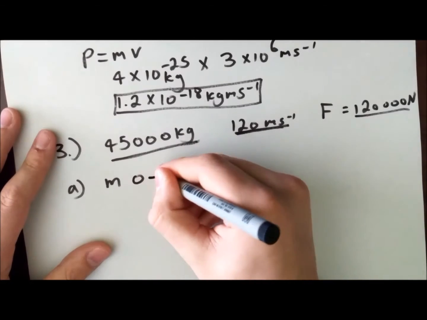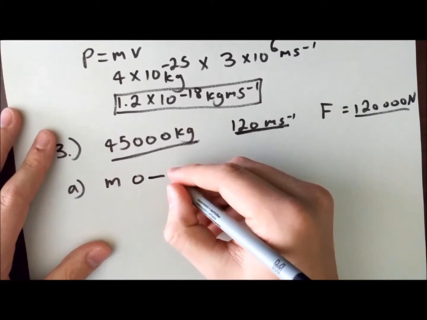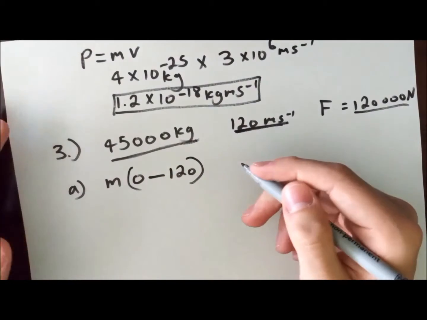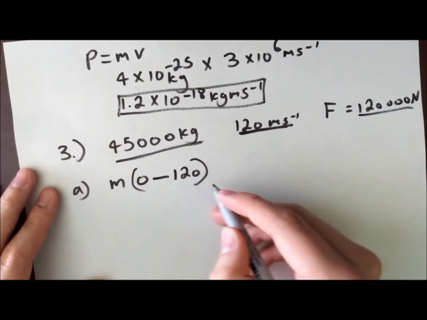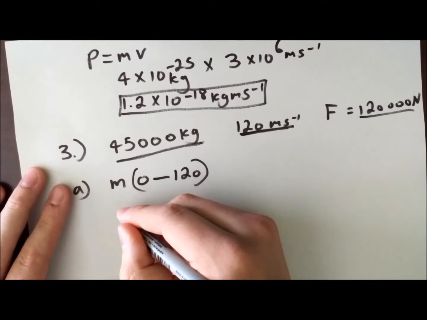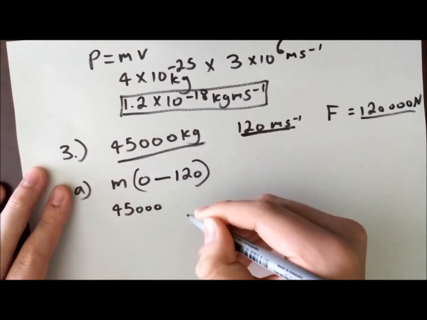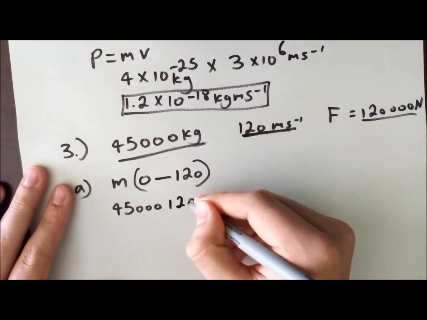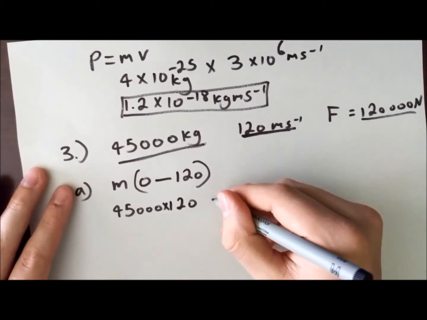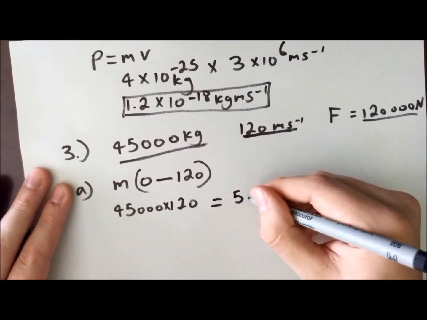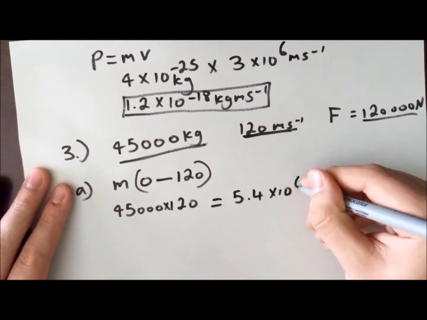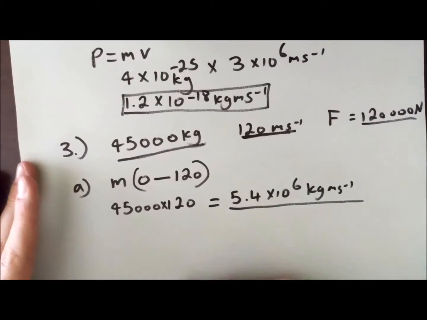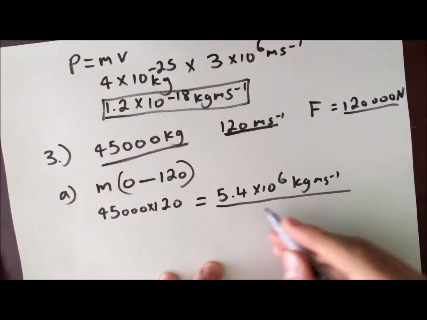And we're going to be taking this away from 120. So these are our change in V. So overall, our change in momentum is going to be the mass multiplied by our change in V, which will just be 120. And this should give us 5.4 times 10 to the 6 kilogram meters per second. So that is the gain in momentum of the aircraft.